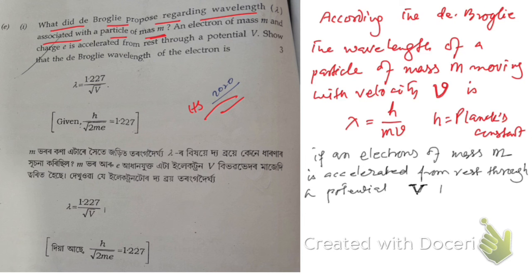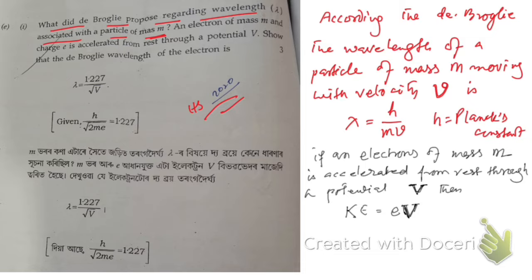Then the kinetic energy gained by the electron will be given by e into V.